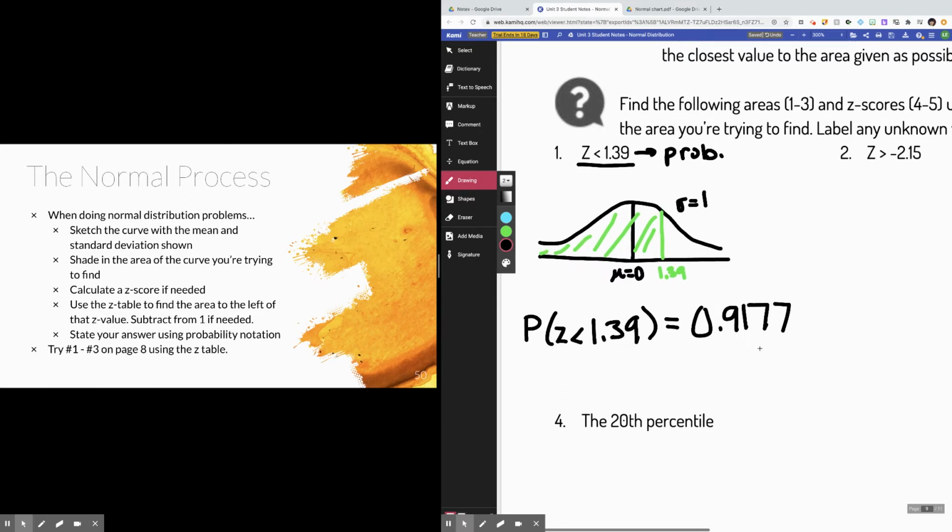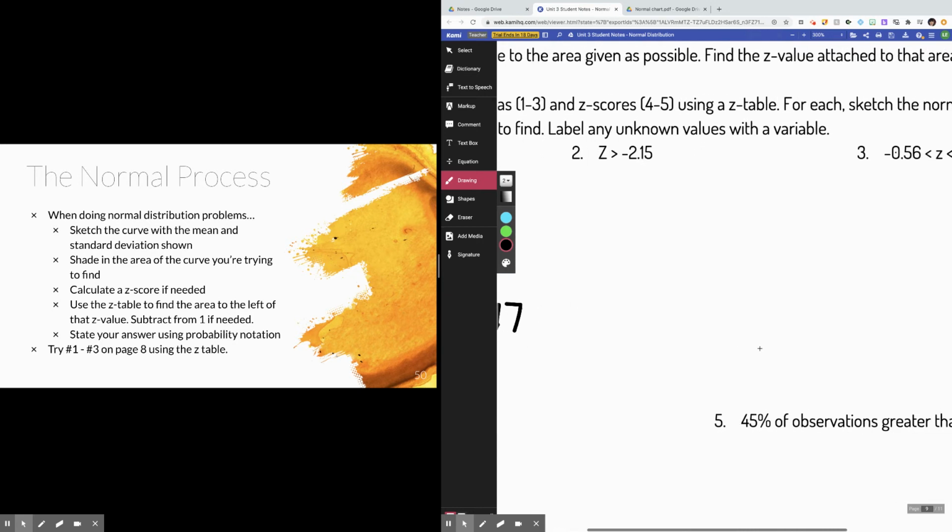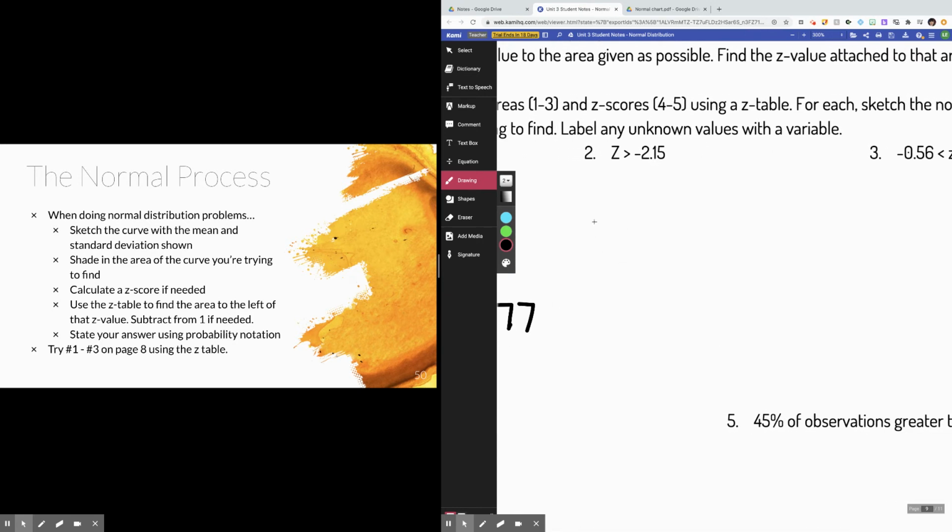All right, so let's look at the second one here. Same thing, we're going to follow the same steps. I'm going to sketch my curve. My mean is here in the middle, and it's 0, and my standard deviation is 1. Here I'm trying to find z is greater than negative 2.15.